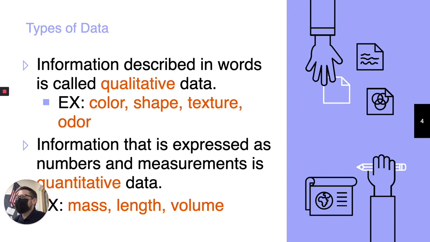The other reason why quantitative data is valuable is because we can take that data and throw it into some mathematical calculations. I always get complaints from students like, why are we doing math? This is science, not math class.